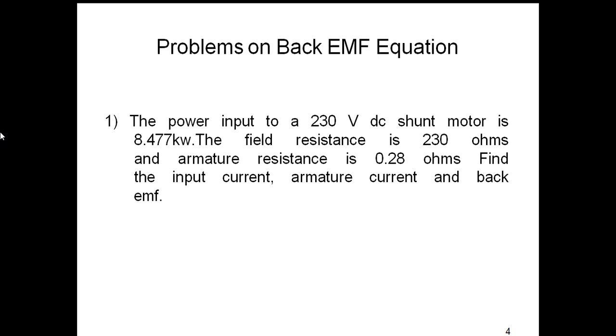Here the given data is the voltage is 230 volts and the power P is equal to 8.477 kilowatts, and field resistance, that is Rsh, is 230 ohms, and armature resistance Ra is equal to 0.28 ohms.